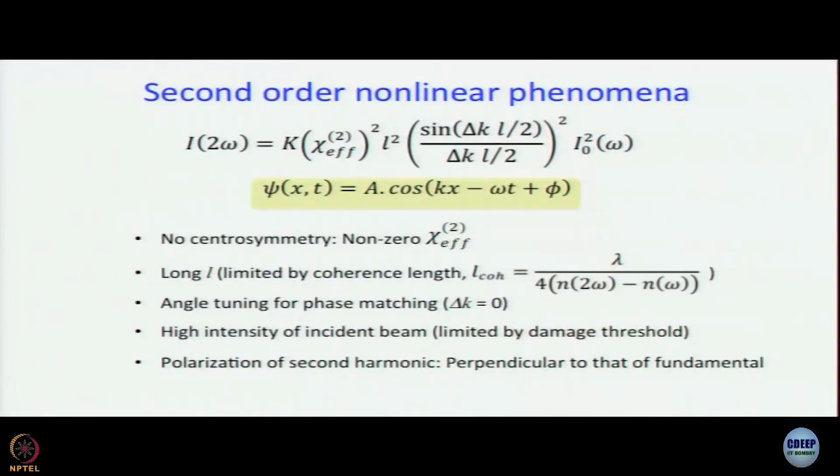Okay. So, from here the discussion we are performing is how it is possible to generate a second harmonic, because one problem we had faced already is that the refractive index of 2 omega has to be equal to the refractive index of omega, and we have said in the earlier module that it is impossible to do it unless you have a birefringent crystal.